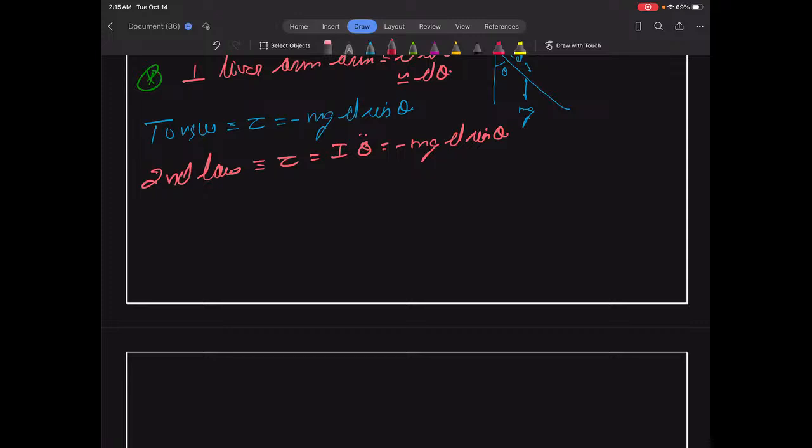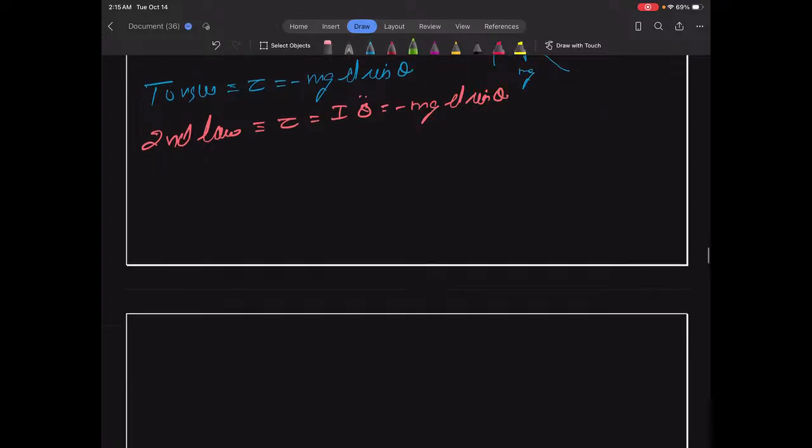And for small angle the sine of theta will be equal to theta. Therefore from here we get that our I theta double dot plus mg d theta is equal to 0, and we can write this as theta double dot plus mg d upon I multiplied by theta is equal to 0.